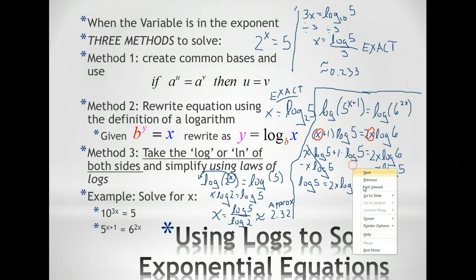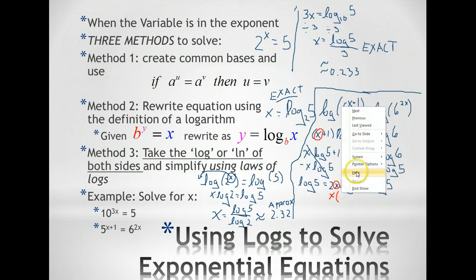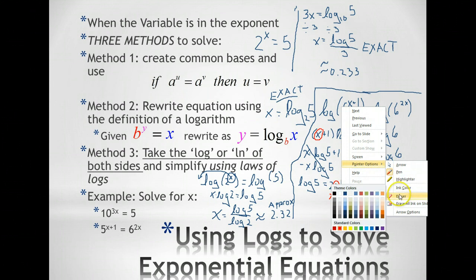How do I make it so it has a single x? Thinking. I have an x here. I have an x here. The only way I can make it a single x is if I factor the x out. X. What's left? This just gives you time to think.